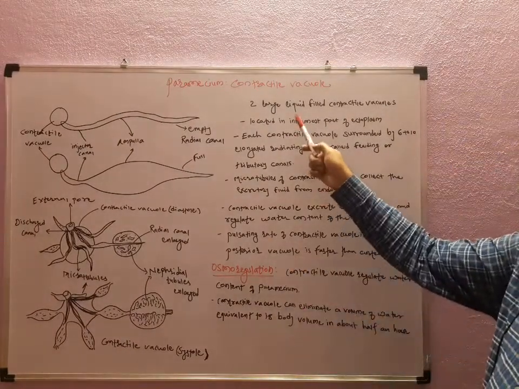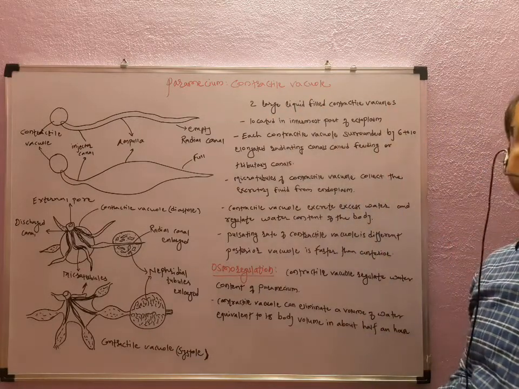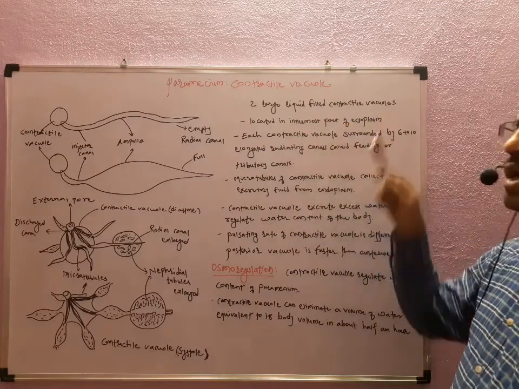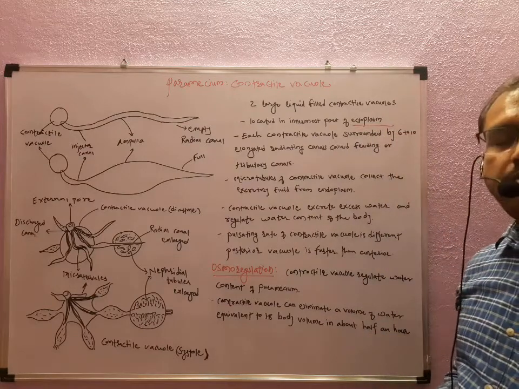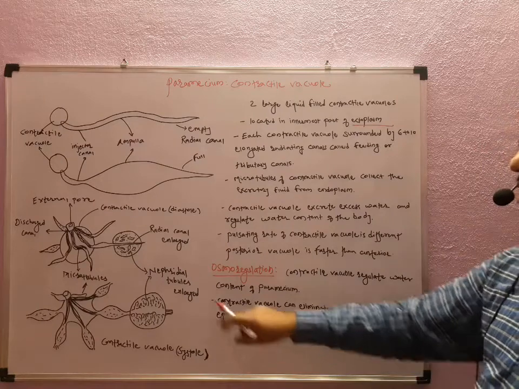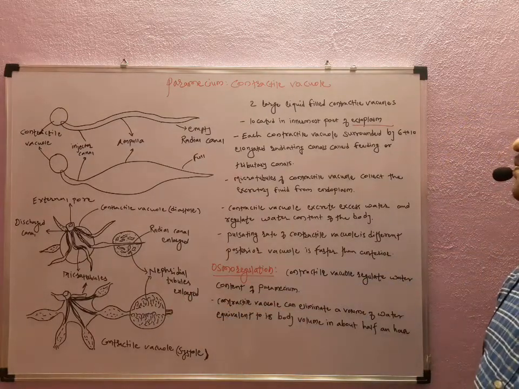These contractile vacuoles are two large liquid-filled vacuoles present in paramecium, located in the innermost part of the ectoplasm. They collect the water from the endoplasm through the radiating canals of these microtubules.